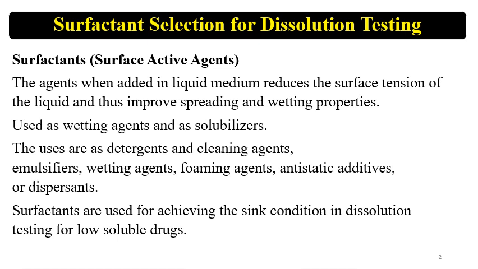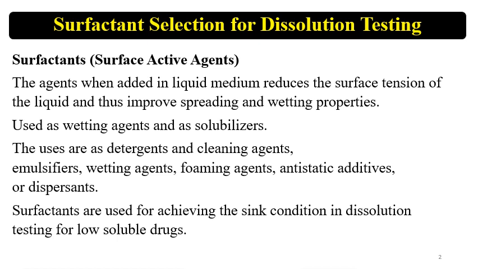The agents which are added in the liquid medium reduce the surface tension of the liquid and thus improve the spreading and wetting properties. Whenever you are testing a formulation containing an insoluble drug substance, surfactants are required to dissolve the drug substance into the dissolution medium so that you can get the sink condition.